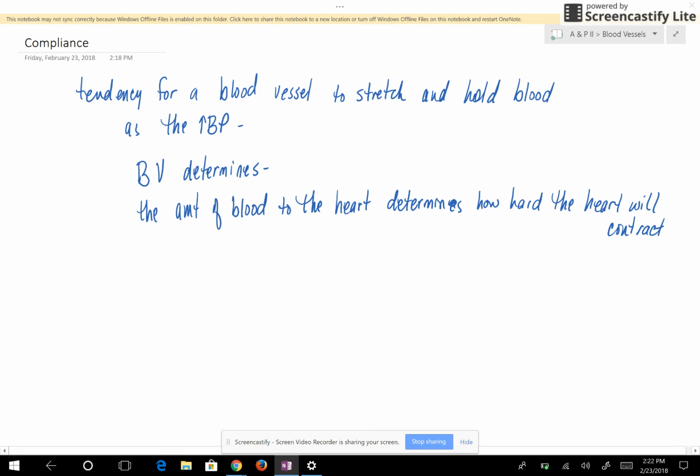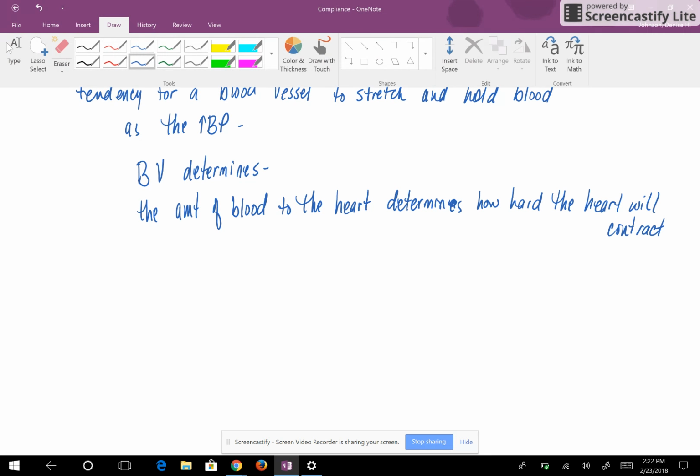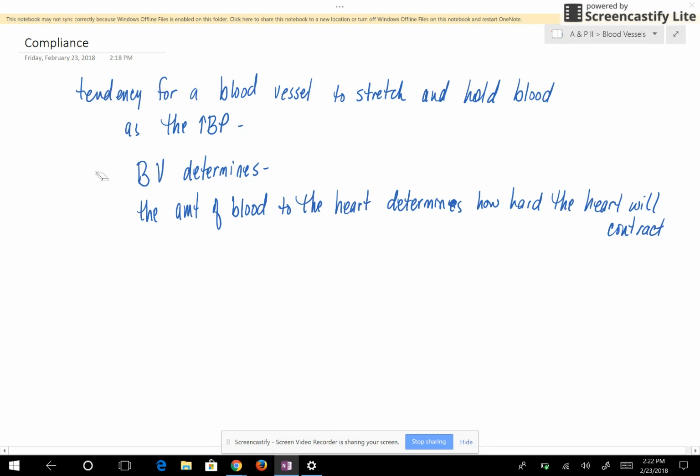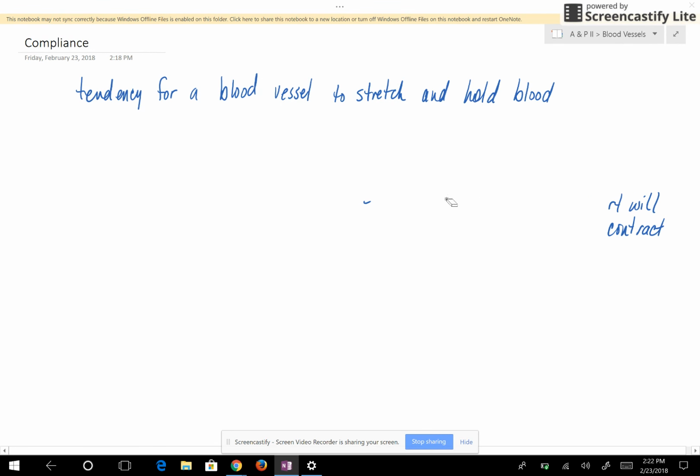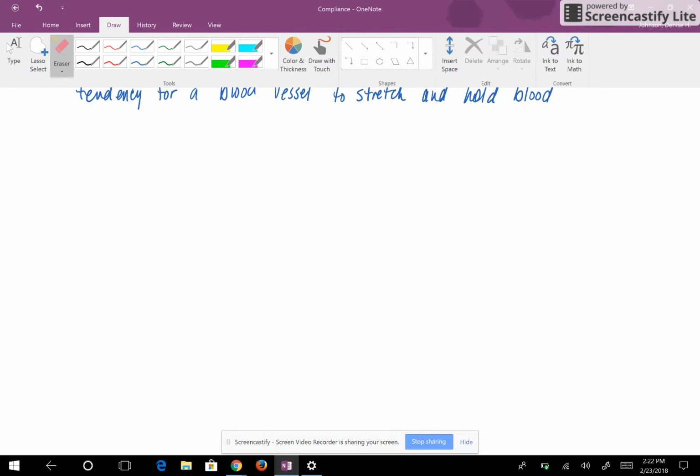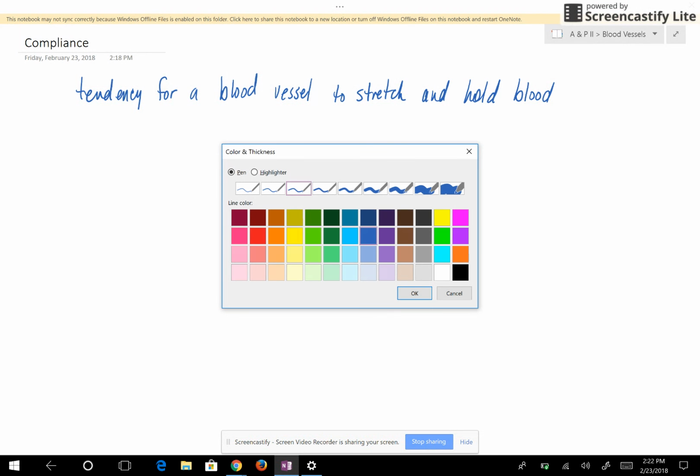If you remember, we covered that whenever we looked at intrinsic regulation. So in our example here, I want to draw these hearts and look at the size of the blood vessels. Whenever we look at compliance, we are not looking at the heart stretching, we're looking at blood vessels stretching.